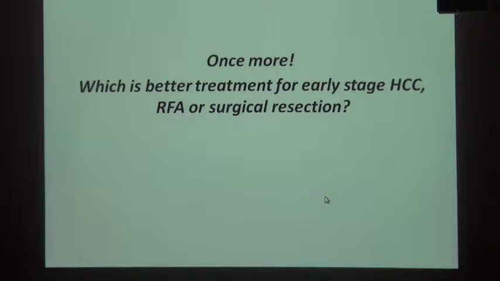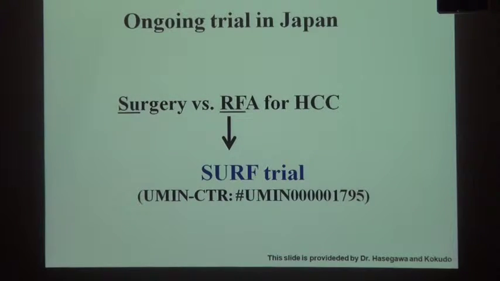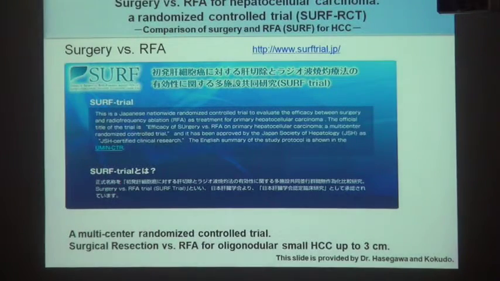Again, which is a better treatment for early stage HCC, RFA or surgical resection? Now, still controversial. Okay, now a trial in Japan named SURF. The SURF study is a multi-center randomized control trial within the 3-3 rule HCC.